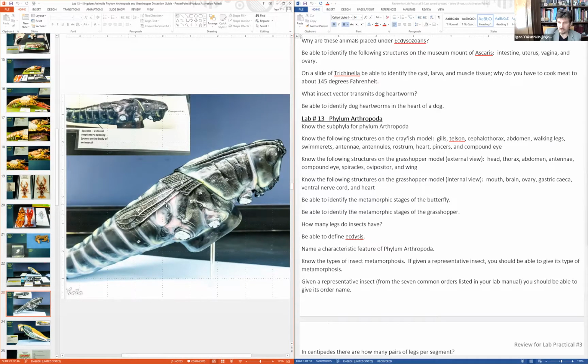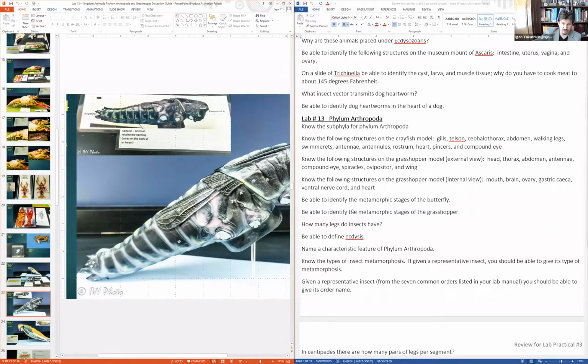Then abdomen, thorax, compound eye, spiracles, ovipositor. The very end of the abdomen has that structure. This is how the eggs come out from the ovaries and will be laid somewhere in the grass, so the little one will hatch out and start jumping on the grass right away.